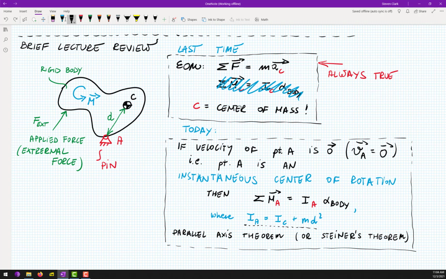Yes, I forgot about the arrow. Sorry, guys. So if you find the instantaneous center of rotation of our body, then you can do the sum of moments about that instantaneous center of rotation, let's say point A, and that will be equal to IA alpha body, where IA is the moment of inertia about that instantaneous center of rotation.